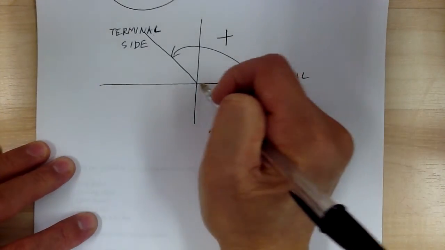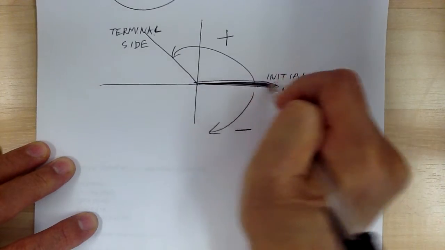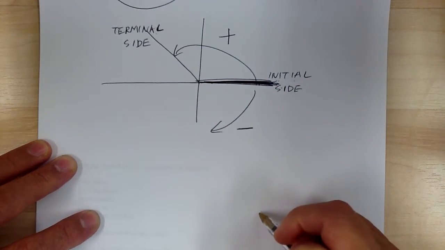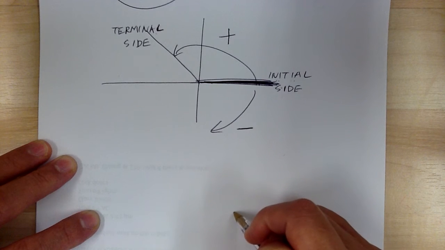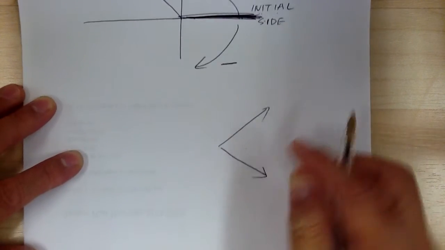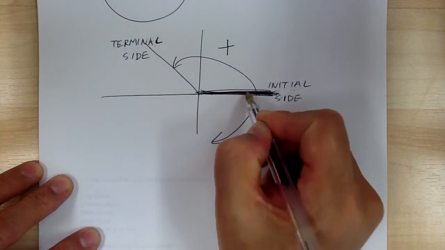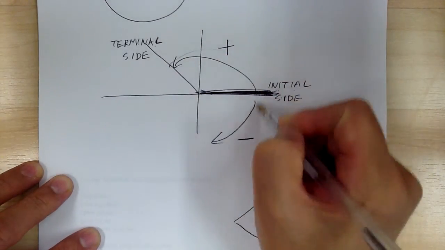Standard position is when you're starting right over here. Okay, that's where you start. So this would be in a standard position. If you're going like this, this is not in a standard position. So standard position is when you start over here and you can go either this direction or this direction.